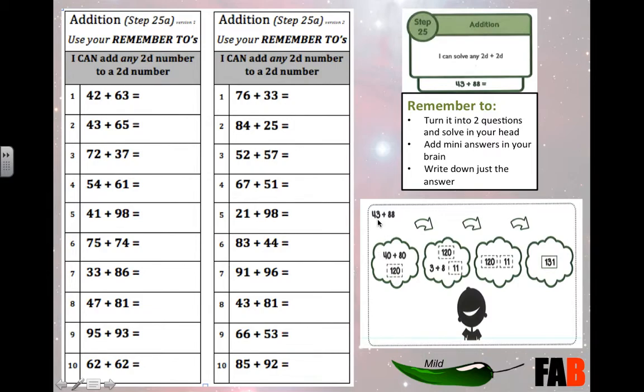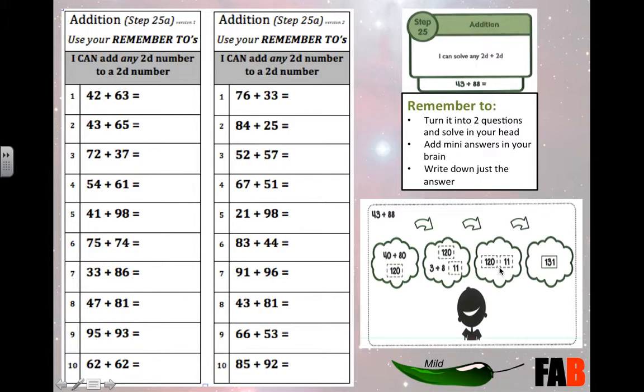Then I'm thinking 3 ones plus 8 ones is 11, so with the 120 in my head, I bring in the 11. I'm now thinking 120 plus 11, so this is where I add the mini answers together. Again, it's just like topping up, so 12 tens plus 1 ten equals 13 tens, or 130, because we know that this one's answer can never be bigger than 18.